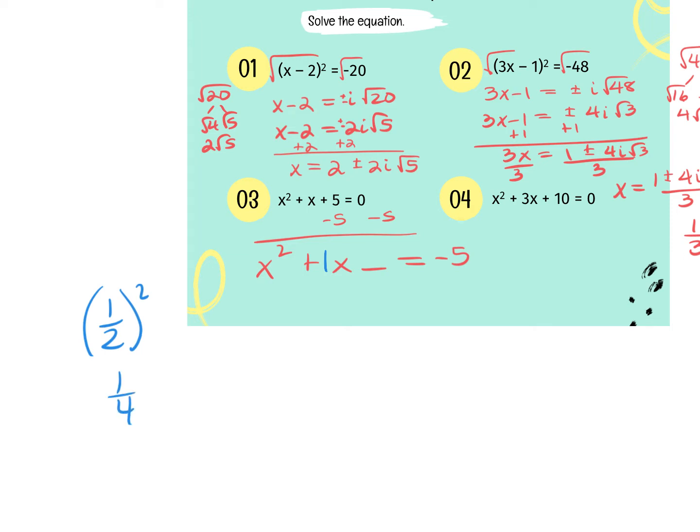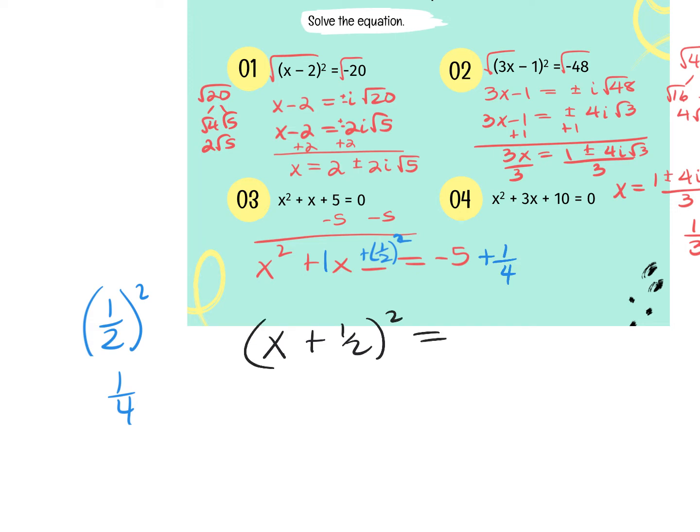So what I'm adding to the other side is 1/4. And over here, remember, I'm going to put this in as a 1/2 squared. That way, when I go to factor that trinomial, I don't need to think about what the factors are that are going to give me the 1. So instead, it goes right into my factors. So x plus 1/2 squared.